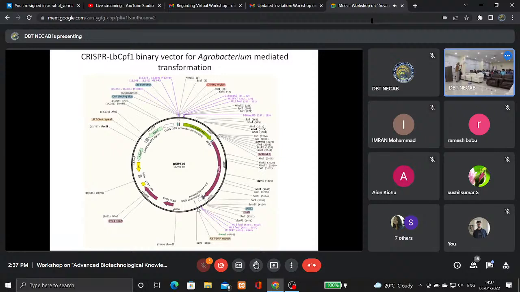This is the left border and this is the right border, so this is the T-DNA, and we will clone our DNA here in the cloning region. The whole expression cassette which we clone in pSH923 or 924, we are now going to clone into this region. So this is a binary vector system.